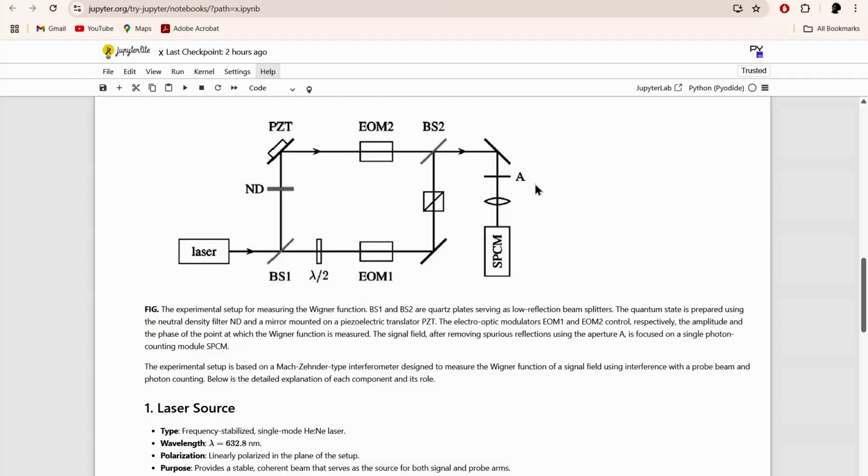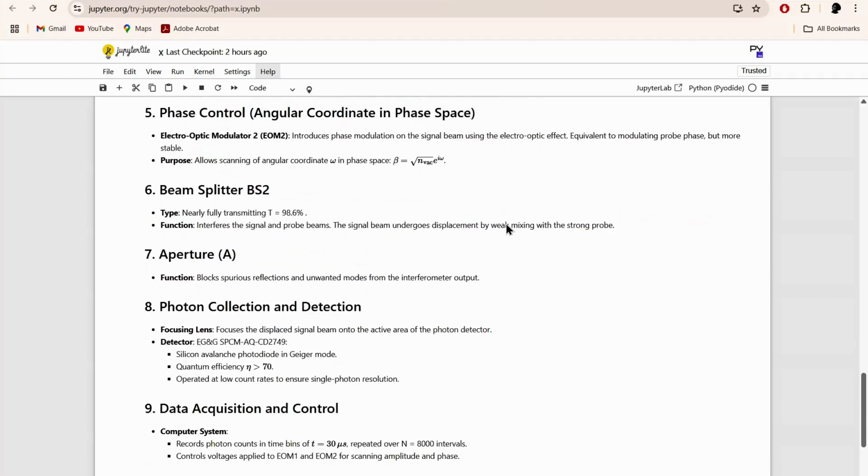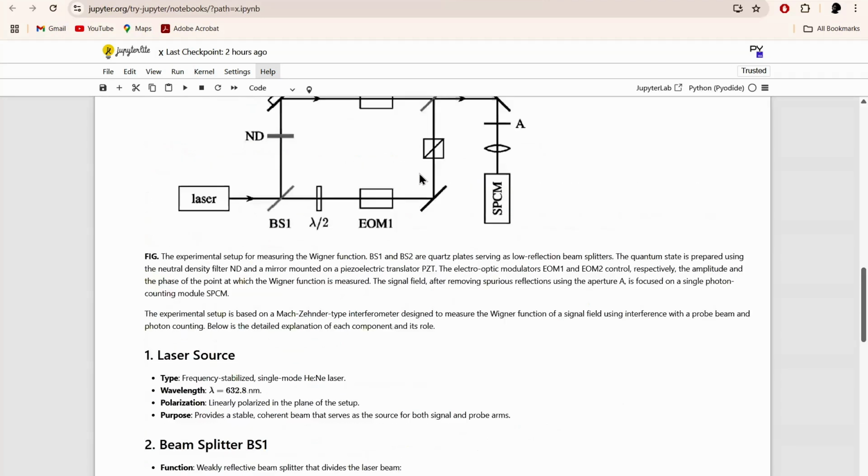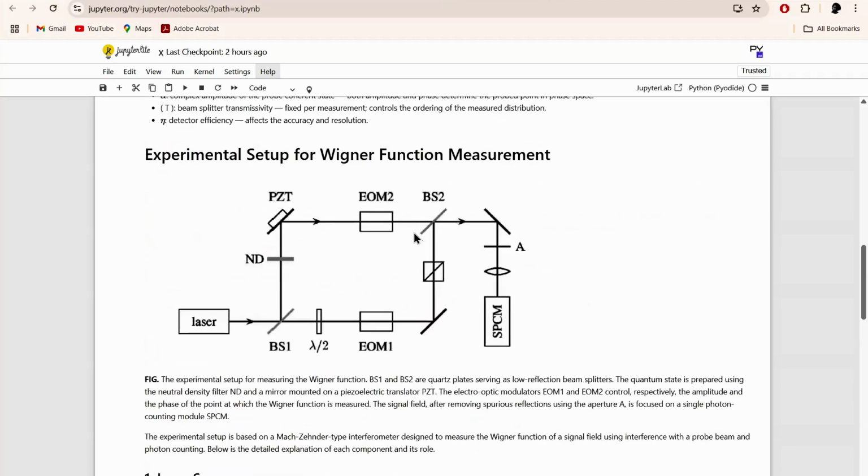And at the end, this is the aperture. It is restricting the unnecessary reflections, etc., from going to this SPCM, the single photon counting module. And this is a lens which is used to focus our signal onto this device. This beam splitter 2, shown here, is nearly fully transmitting.